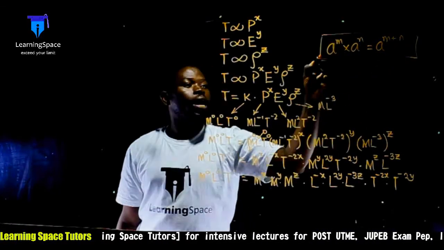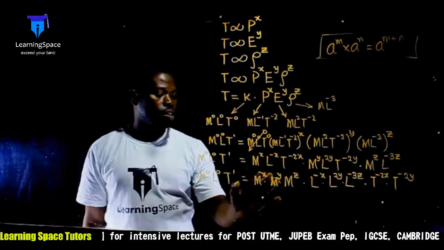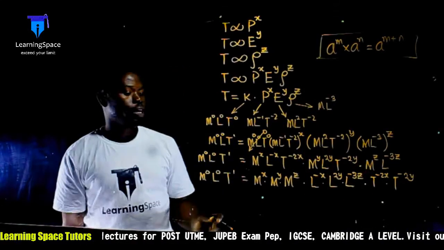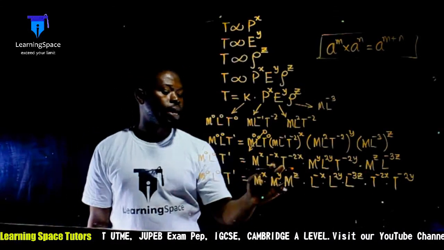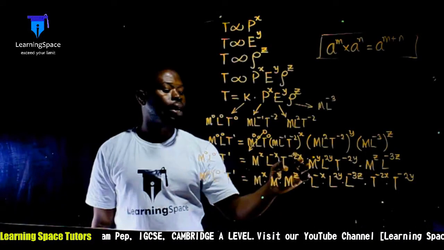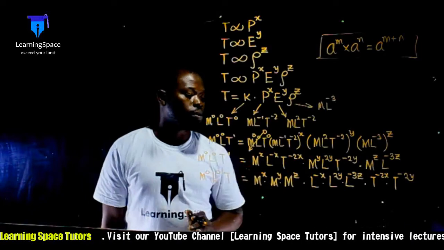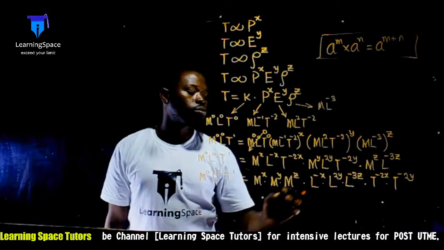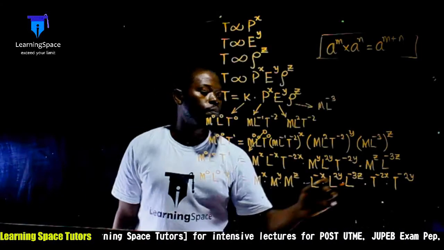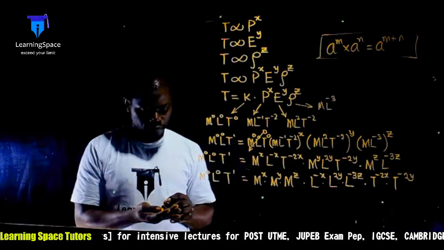So we will be applying this in this part here, where we have M^x, M^y, M^z. Since they are multiplying, the powers will be added. The power of these two will be added to compress it to one, and the power of this one too will be added.